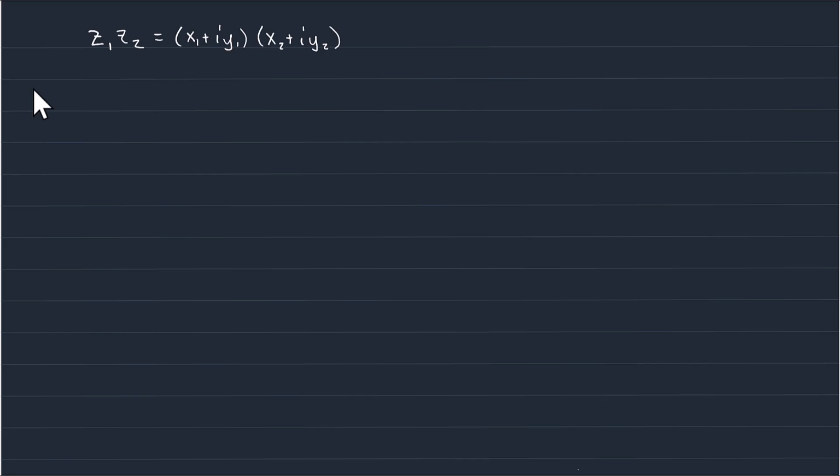So we get an x1 and an x2 for the first two terms. And we'll multiply x1 times i y2. And then we'll multiply an i y1 times x2.